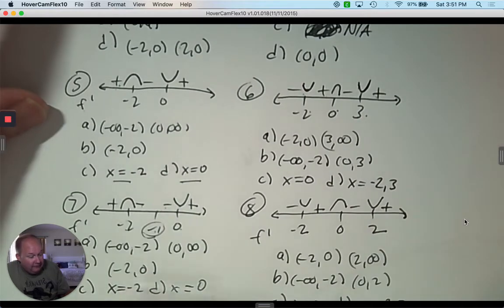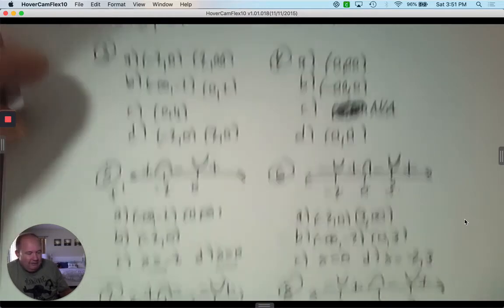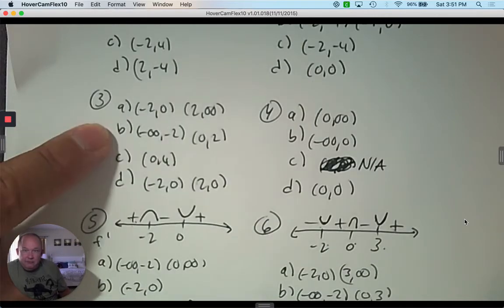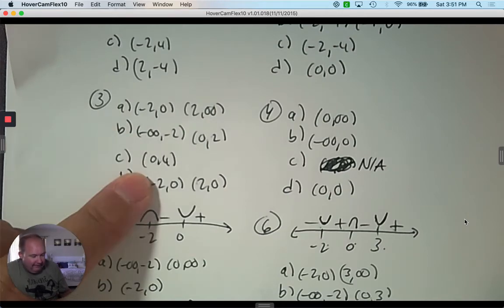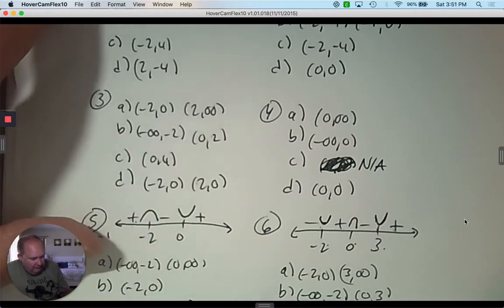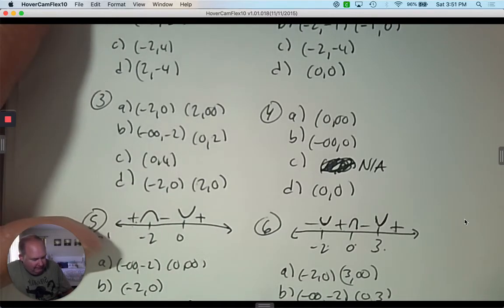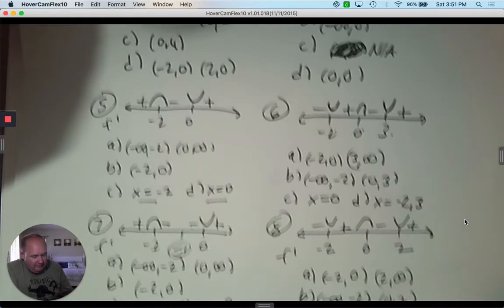Well, first of all, I know that 8 and 3 match, so I'll do that one. If I look at number 3, in terms of increasing and decreasing, they match exactly to number 8. The x-coordinate, 0 for the maximum, the x-coordinate, negative 2 and 3 for the minimums. So 8 and 3 match in terms of that. How about for number 7?